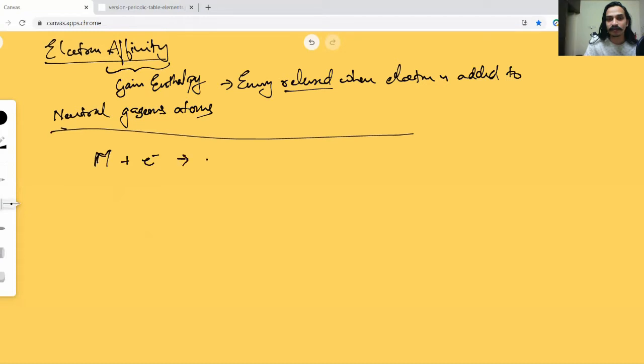Once I do that, I get a negative ion, or what we call an anion. If you recollect, we got cations when we removed electrons. Here, since we are doing the opposite, we get anions when we add electrons, plus the energy, which I'll call electron affinity, or just EA.